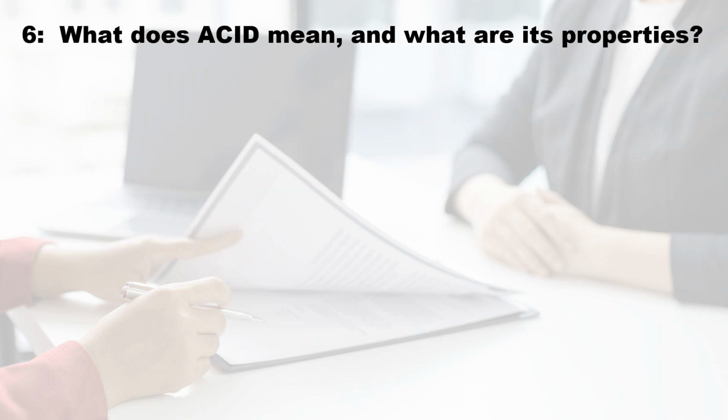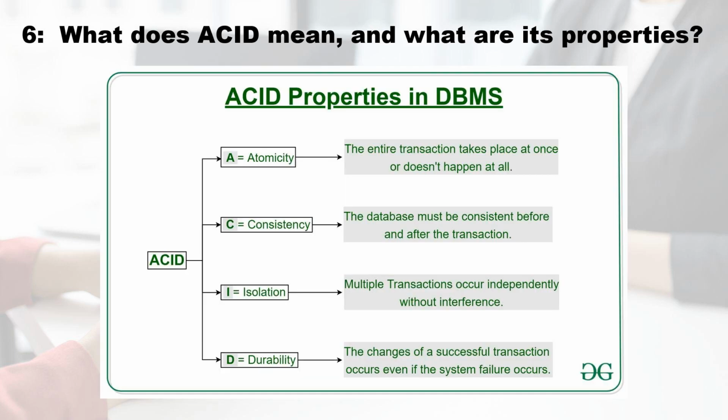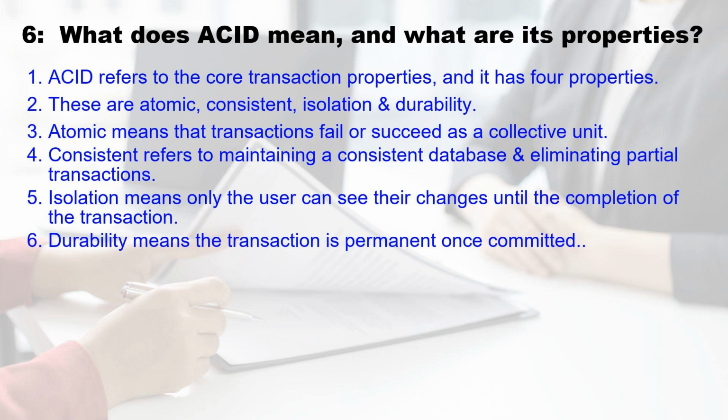Number 6. What does ACID mean, and what are its properties? ACID refers to the core transaction properties, and it has 4 properties.